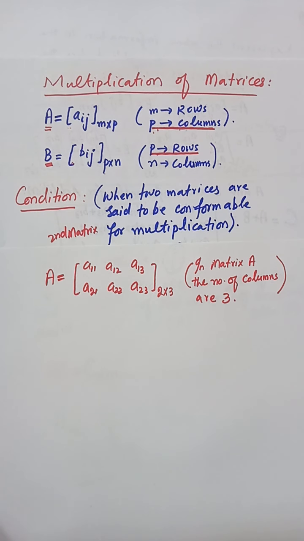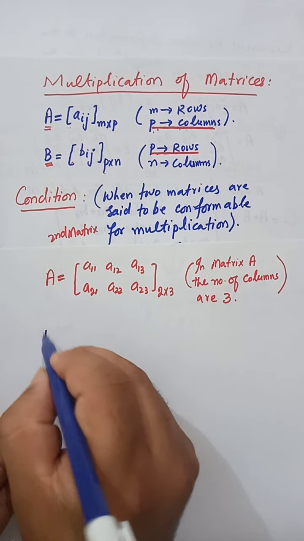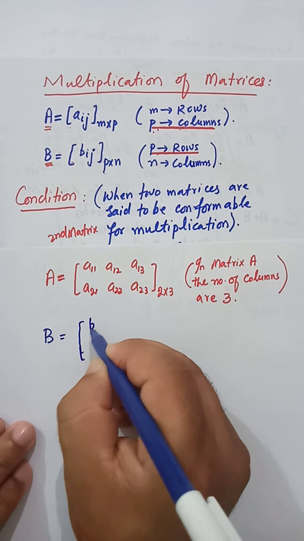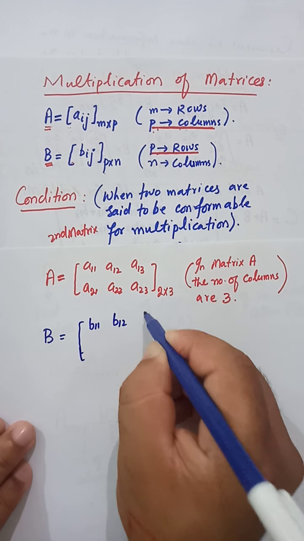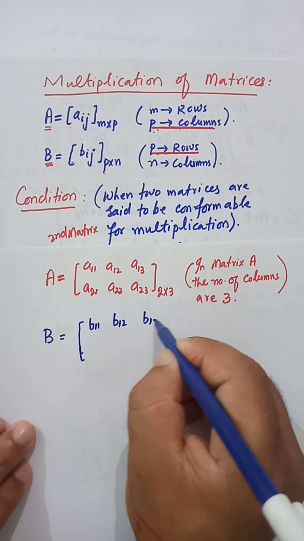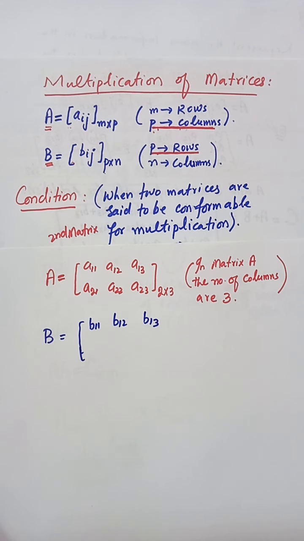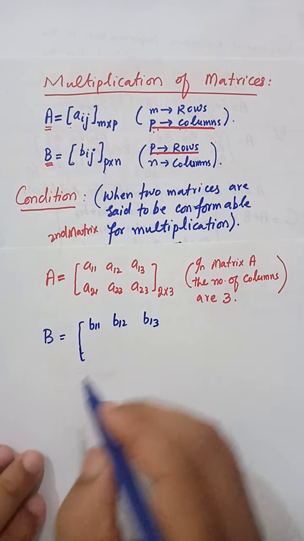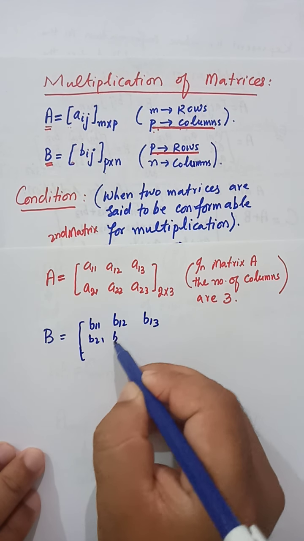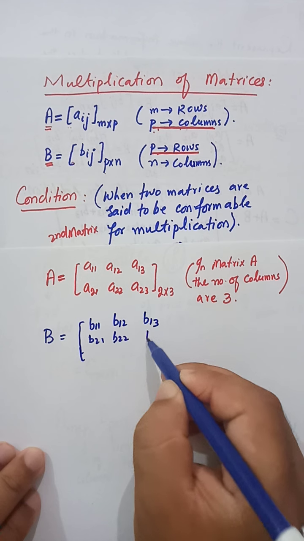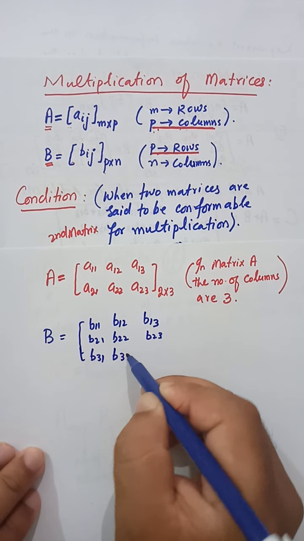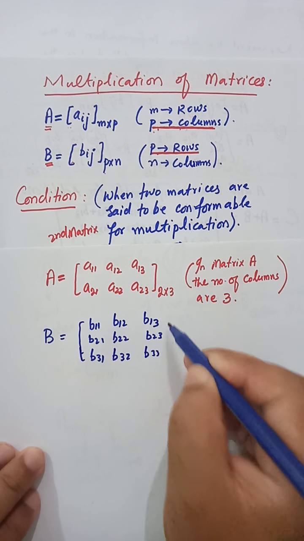And consider the second matrix. B11, B12, B13. This is the second matrix. Now let's say B21, B22, B23, B31, B32, B33.